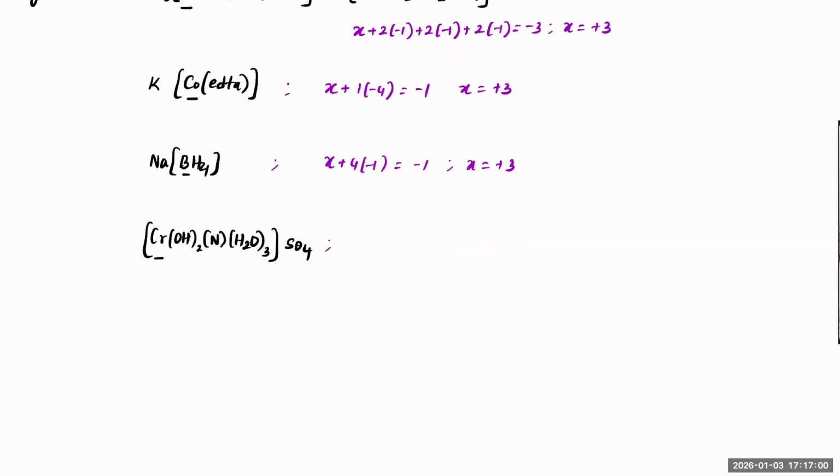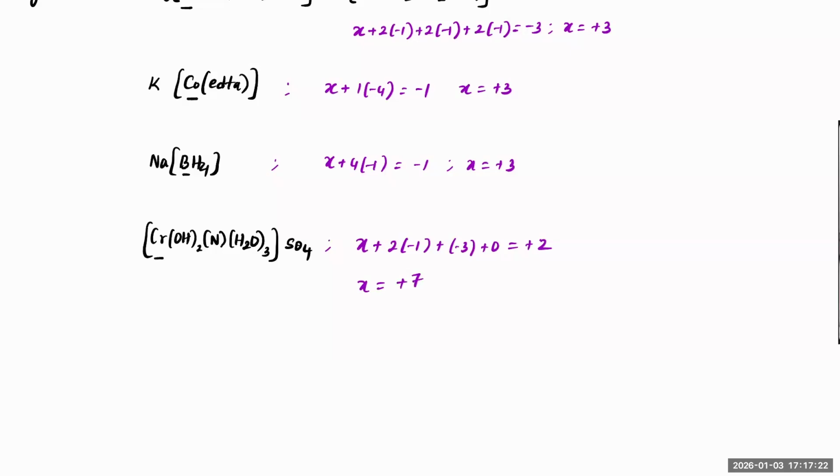Correct? So here x plus 2 times of -1 plus -3 plus 0 overall equal to +2. So x is equal to how much? This is 9. Oh no, 7. +7. Clear?